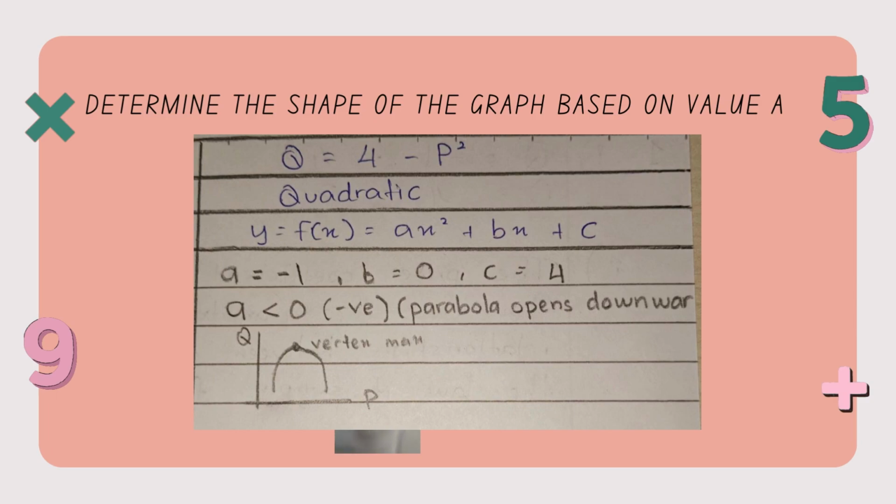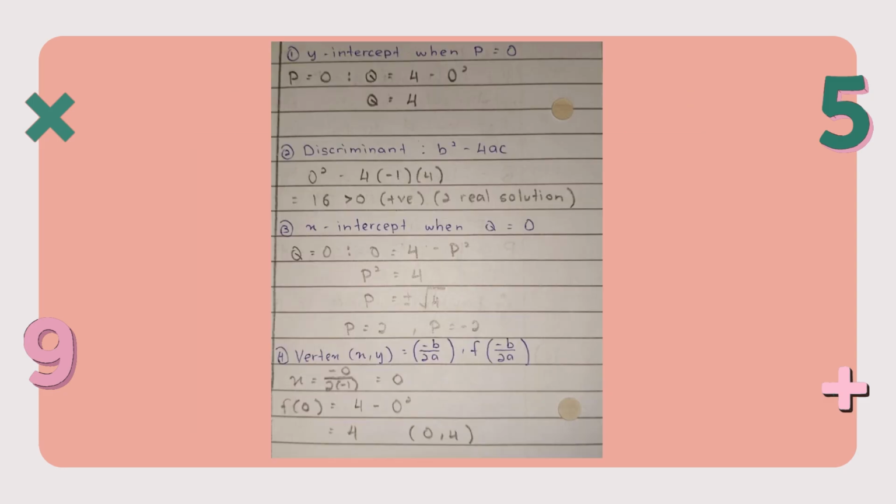For us to determine the shape of the graph, we should find the value of a, which we can see is -1. When a is less than 0, which is negative, it is a parabola that opens downward with a maximum vertex. Same as the linear equation, firstly, we have to find the y-intercept when p equals 0, where we get Q equals 4.